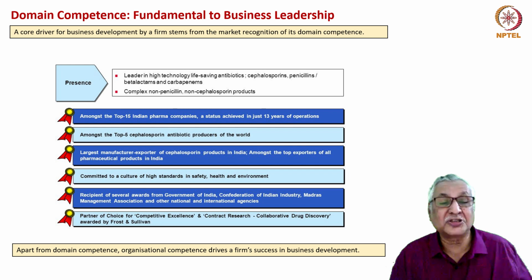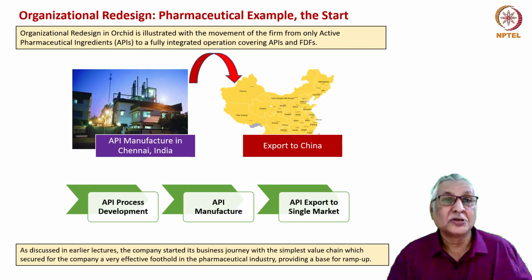Also, being the largest manufacturer exporter of antibiotic products from India earned the company a lot of global recognition. Recipient of several awards from various government agencies, industrial bodies, and selection as partner of choice by several independent consulting organizations. Therefore, at the core has been domain competence supported by organizational competence. This has been carried out meticulously.